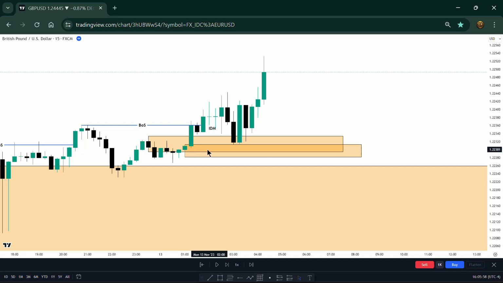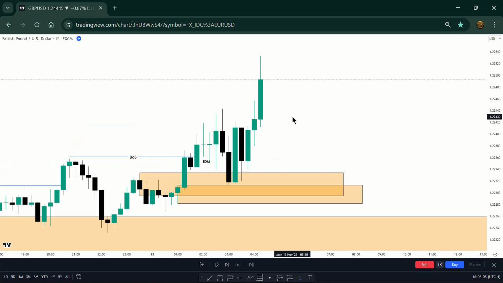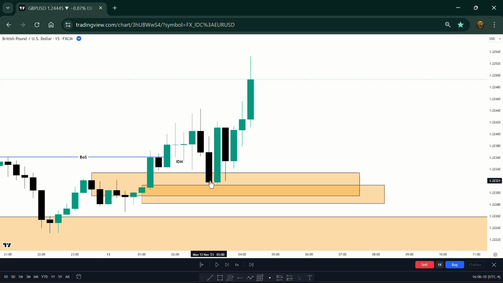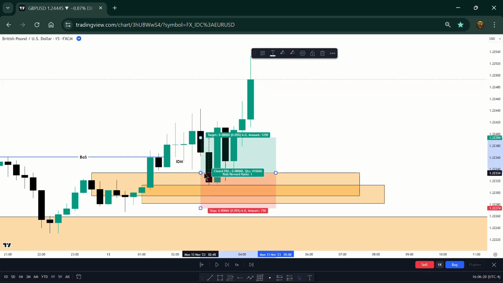Okay, so if you drew this, this is going to be your POI. It was just kissed here, just kissed. So if there was someone who entered right on that surface there, okay.